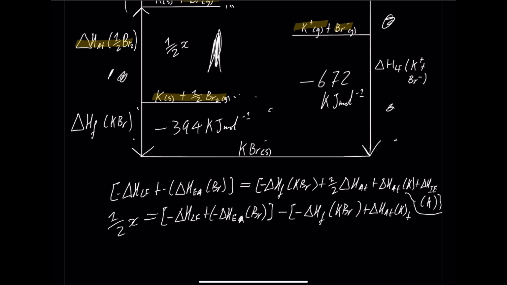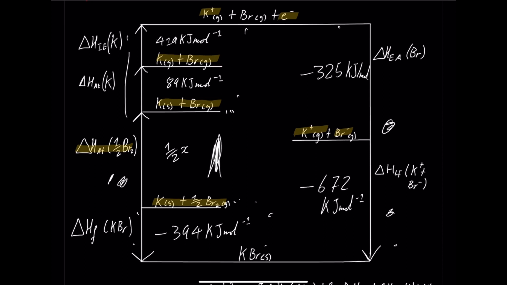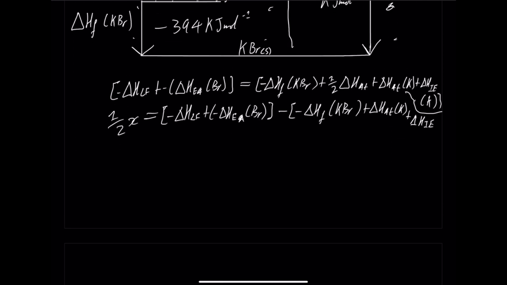Kind of isolate that part there. Hopefully this makes sense. This is probably a lot, but all I'm doing here is all of this, right? For the 672 plus 325 minus 419, 89, and 394. And that should equal what this half x is here.